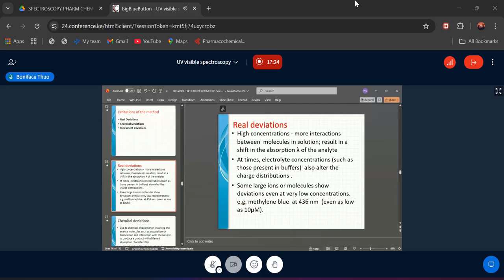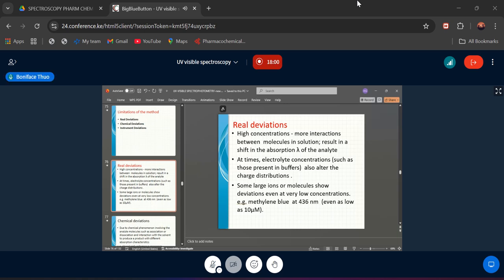In majority of the cases, very high concentrations cause the absorbance to become disproportional to the concentration. In other words, this method is applicable in dilute concentrations where interactions between molecules are less likely.